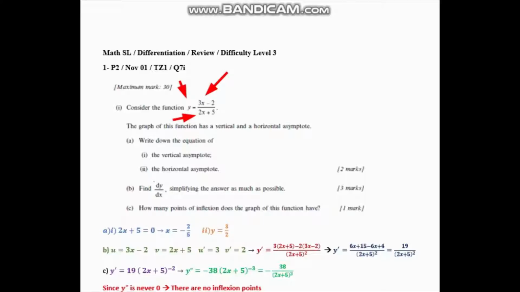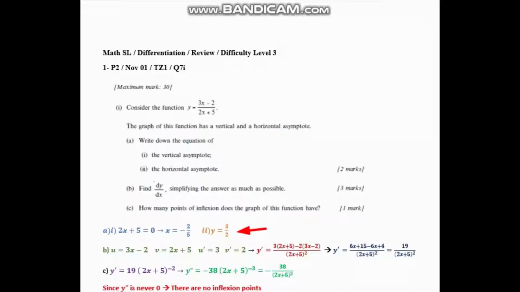If x is extremely large, this value becomes negligible. 3 million minus 2 is a very large number that is very close to 3 million. Similarly, 2 million plus 5 is a huge number that is extremely close to 2 million. Hence, if we substitute x with a very large number in the numerator and the denominator, approximately we shall get 3 million over 2 million, which is 3 over 2.